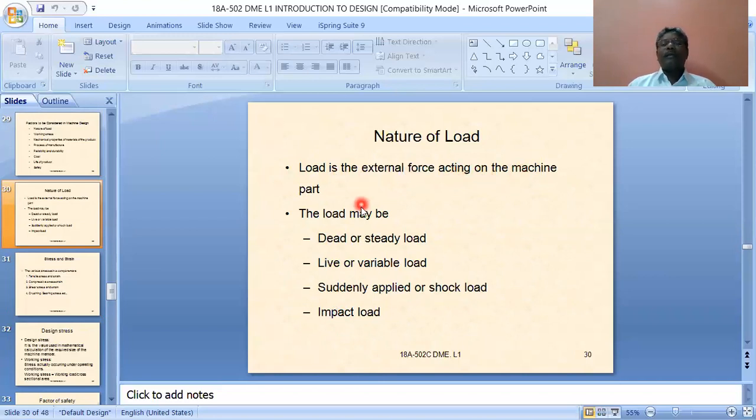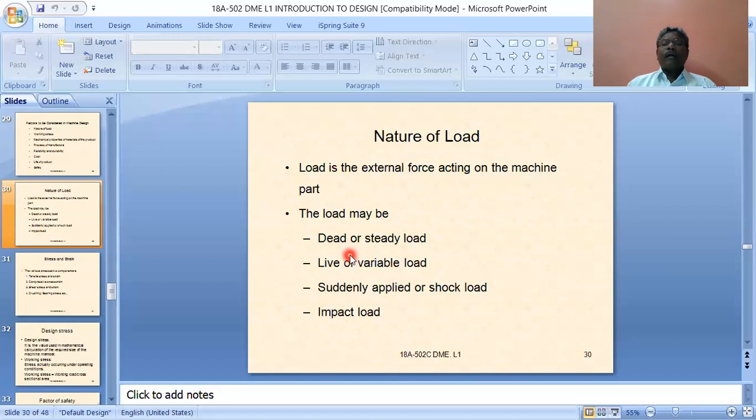This load may be a dead load or steady load, live load or variable load, suddenly applied load, and shock load or impact load. These are the different types of loads, and some other types of loads are also there.